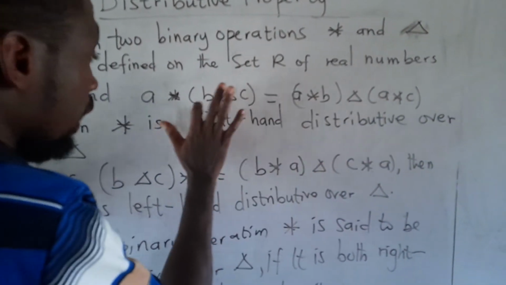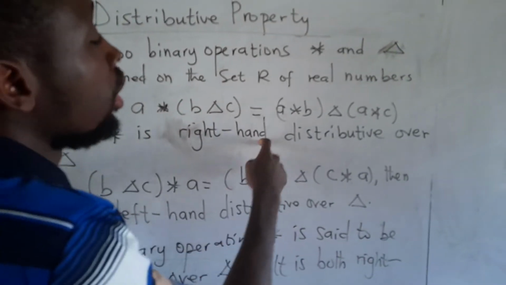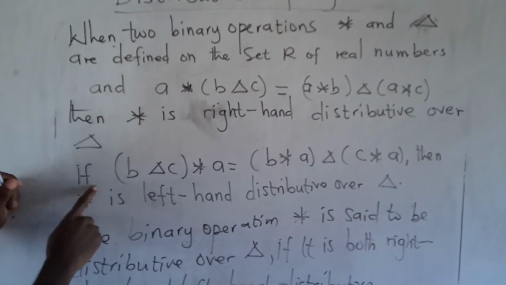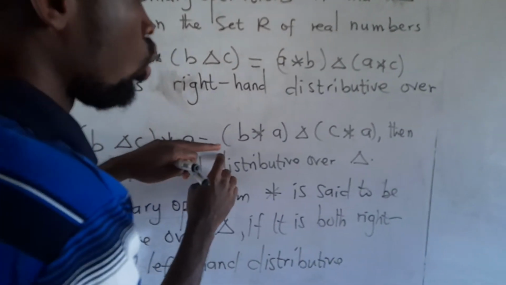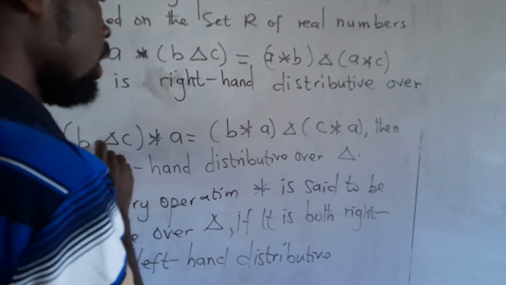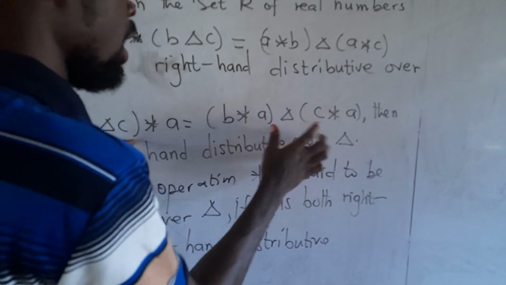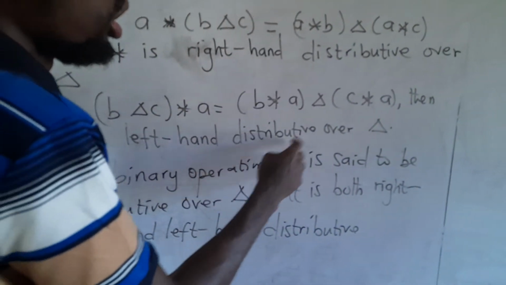If this side is equal to that side, then we say star is right hand distributive over delta. Also, if B delta C in bracket star A is equal to B star A in bracket delta C star A in bracket, then we say star is left hand distributive over delta.